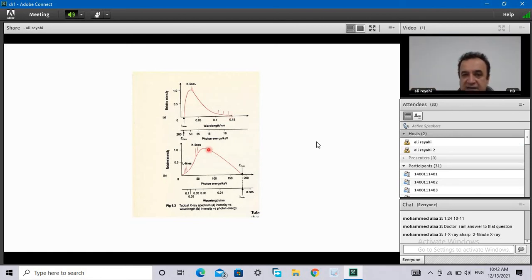So we have a linear spectrum. So: continuous spectrum and linear spectrum.